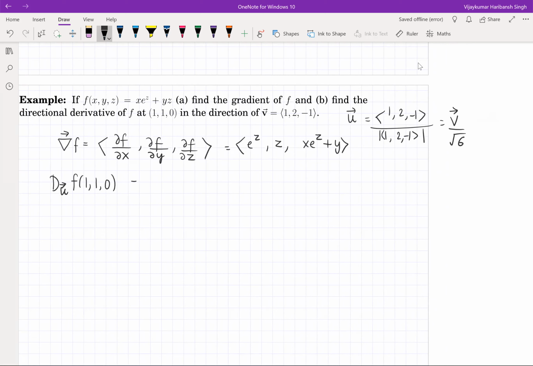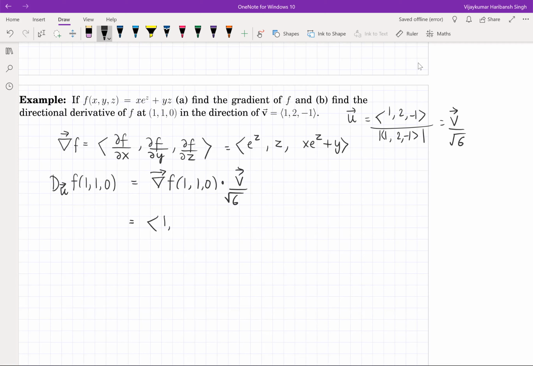So this is going to be grad f evaluated at 1, 1, 0 dot with vector v over square root of 6. Now I'll substitute 1, 1, 0. So I get 1.